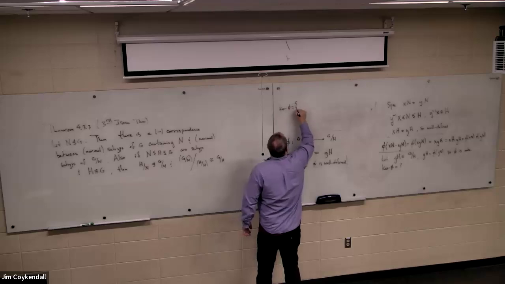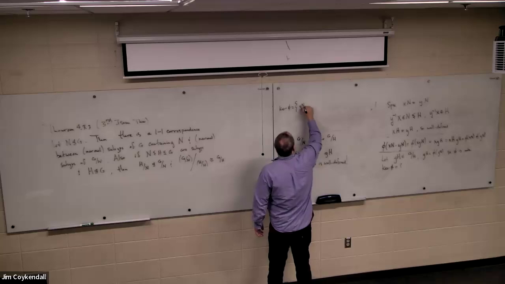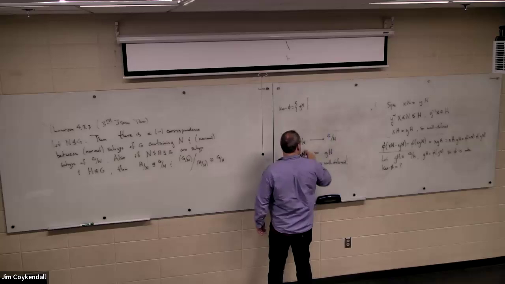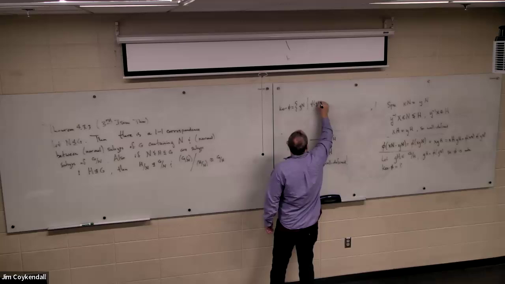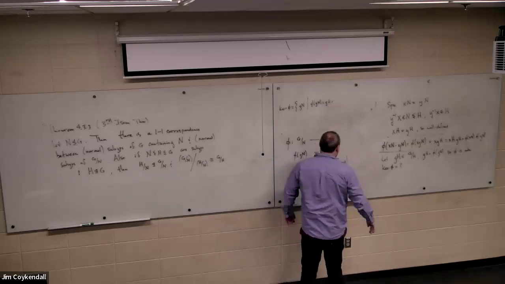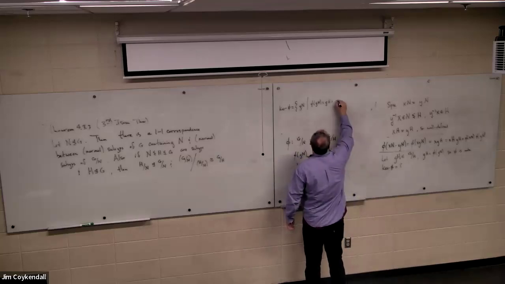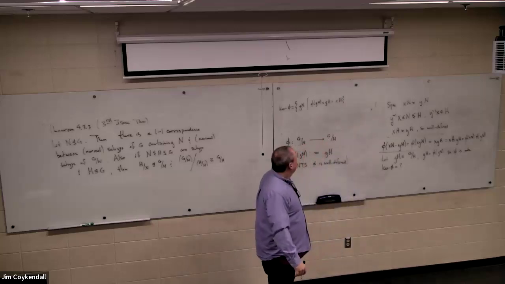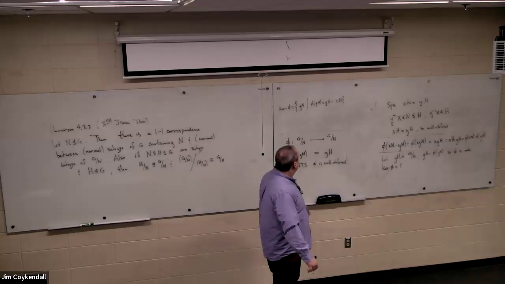B is the set of cosets such that B of Gn, which is GH, is equal to... right?